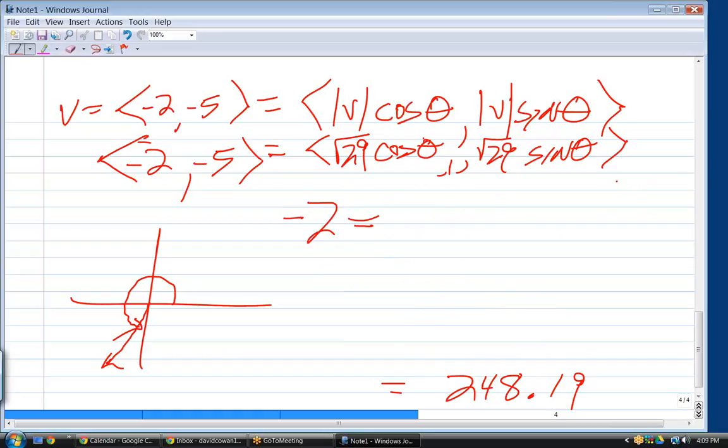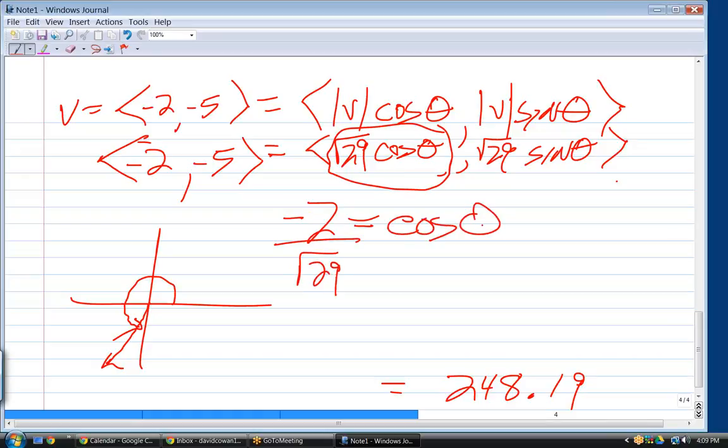Minus 2 has to equal this x coordinate right there, which makes minus 2 over root 29 equal cosine of theta. If you take the inverse cosine of that, what do you get? You say the inverse cosine? Yeah, interesting. We're going to get a second quadrant angle here.